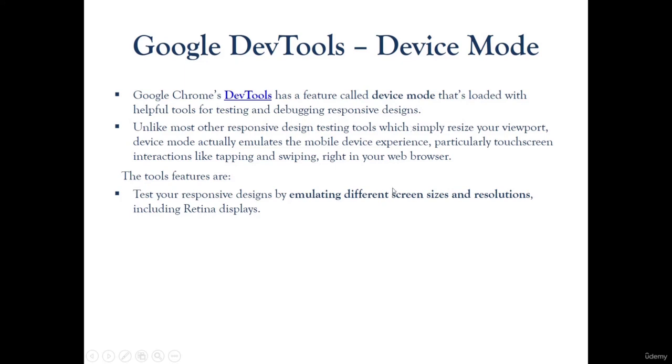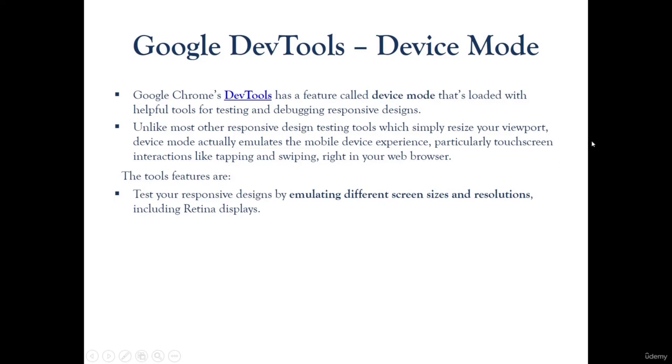Unlike most other responsive design testing tools, which simply resize your viewport, device mode actually emulates the mobile device experience, particularly the touch screen interaction like tapping and swiping, right in your web browser. The tool's features, you need to keep in mind, test your responsive design by emulating different screen sizes and resolutions, including retina display.